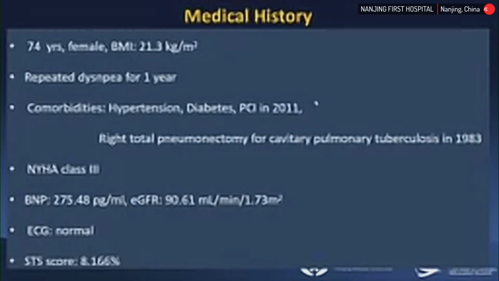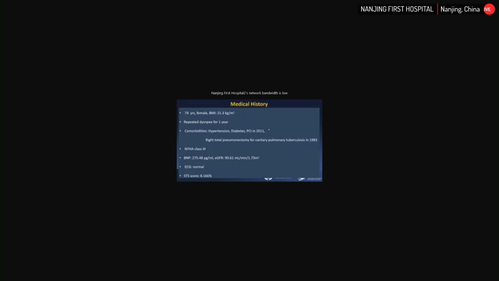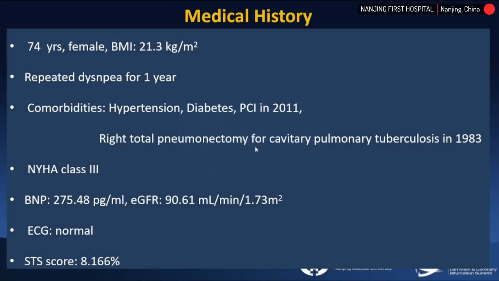This time the patient suffers heart failure, and the echocardiograph shows a typical severe aortic stenosis with a bicuspid valve. The STS score calculated is up to 8%, so it's quite a high-risk patient for surgical valve replacement. The decision was made to perform the TAVI procedure after discussion with this patient and his family. Next slides, please.